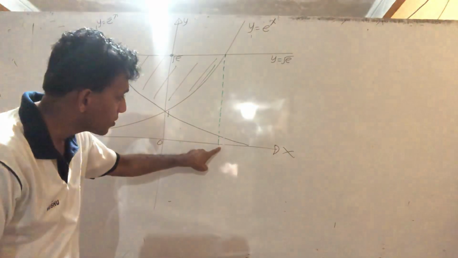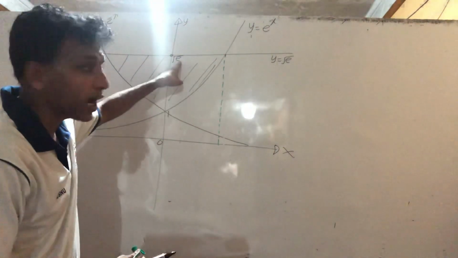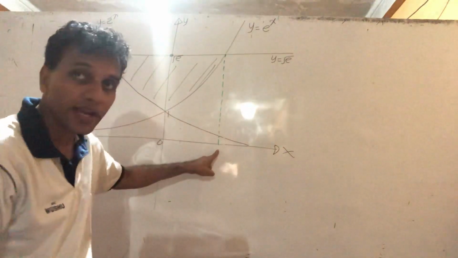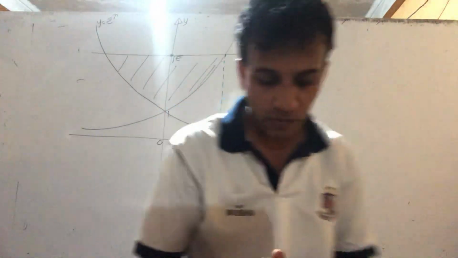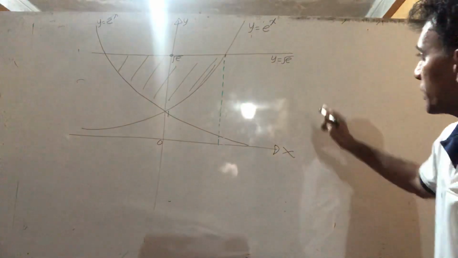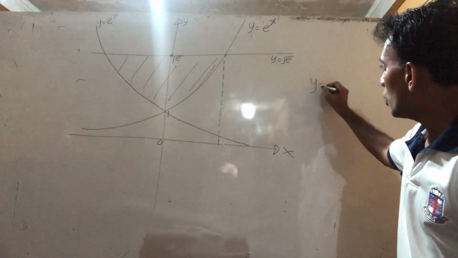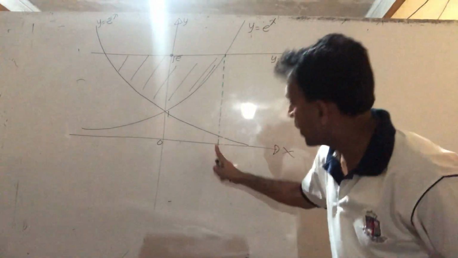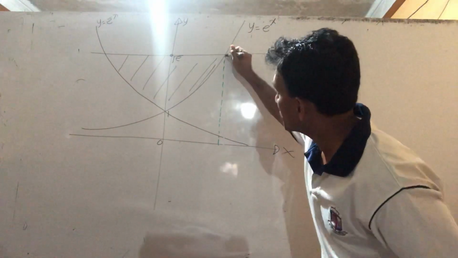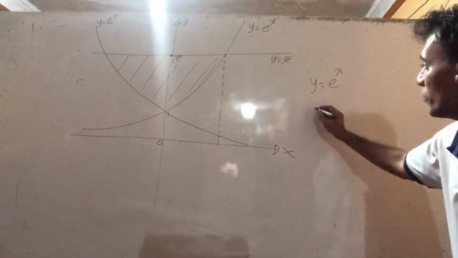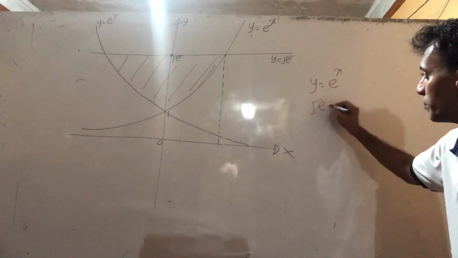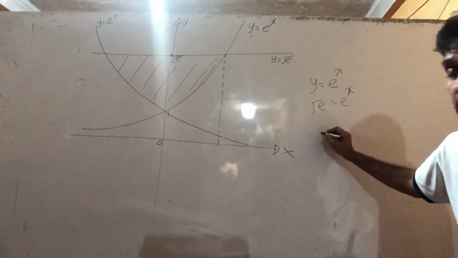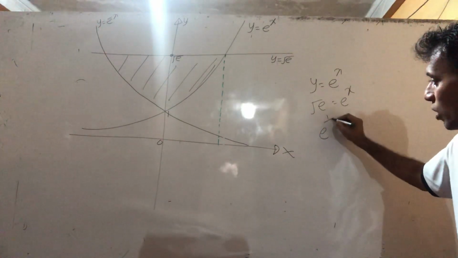When y equals square root e, you can find this coordinate. What is the coordinate? Y equal e to the power x. When y equals this, what is x? Put y equal root e. Square root means power half.